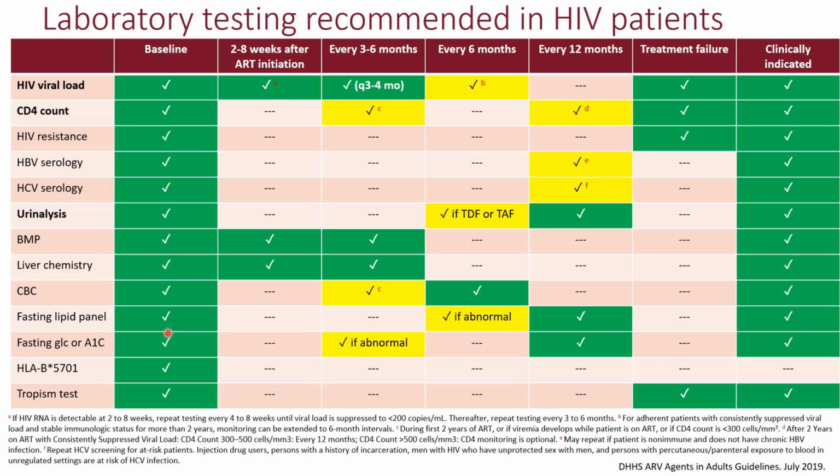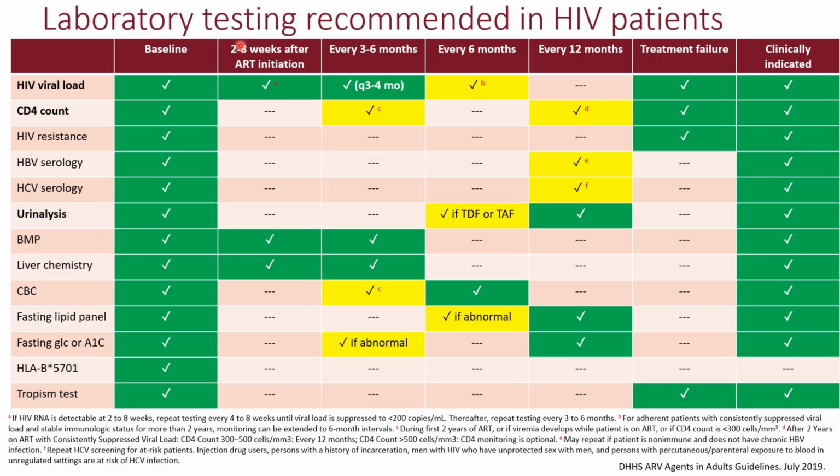And if you are to use abacavir, you need to get the HLA-B 5701. If you are not using abacavir, this is unneeded. And a tropism test is only needed if the patient is to be started on maraviroc. So if maraviroc is not needed, this test is unnecessary.